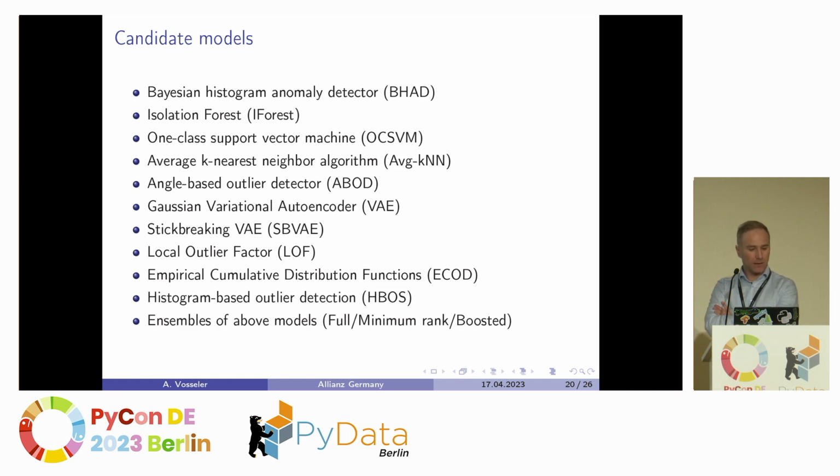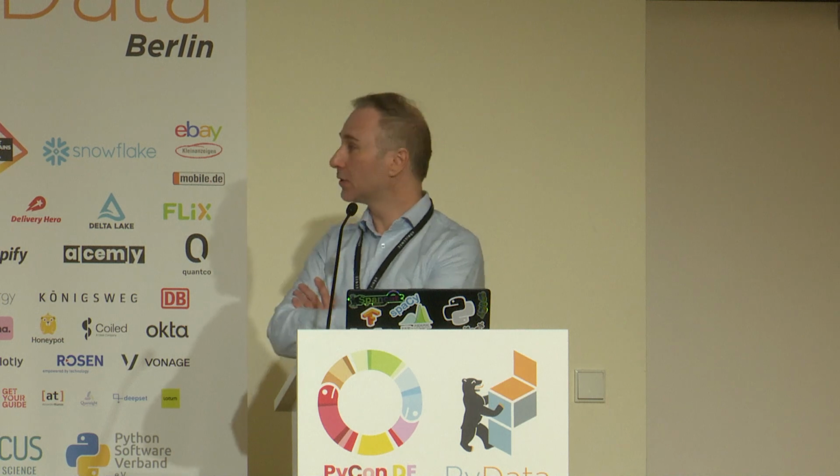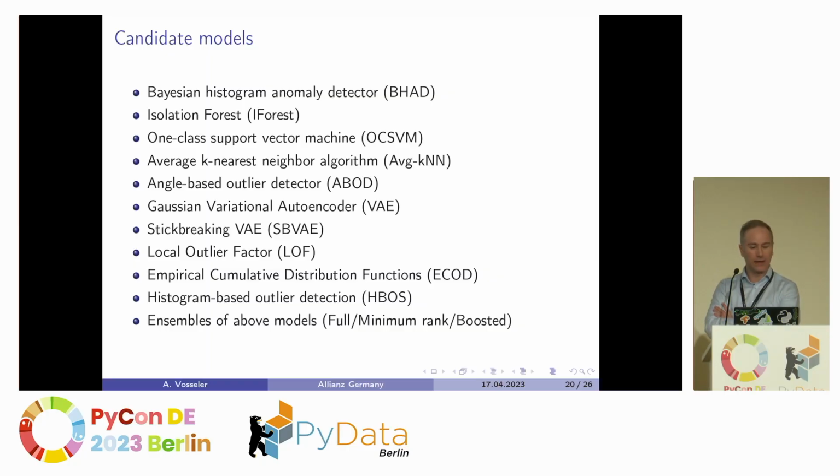So we took, for example, an isolation forest, one-class support vector machines, average KNNs, angle-based outlier detector, then 2 deep learning models, a vanilla Gaussian VAE and a VAE with a Dirichlet process prior, the stick-breaking VAE, a local outlier factor, and then 2 very simple models, which are the empirical CDF and a histogram-based outlier detection, which, as the name suggests, is very similar to the one that we are using, but on a purely frequentist basis, and doesn't obviously give straightforward inference regarding this crucial parameter of number of bins.